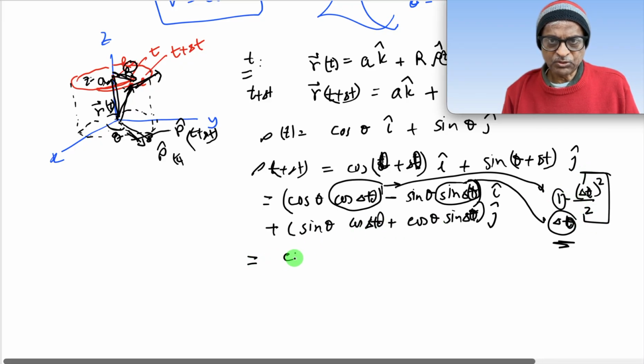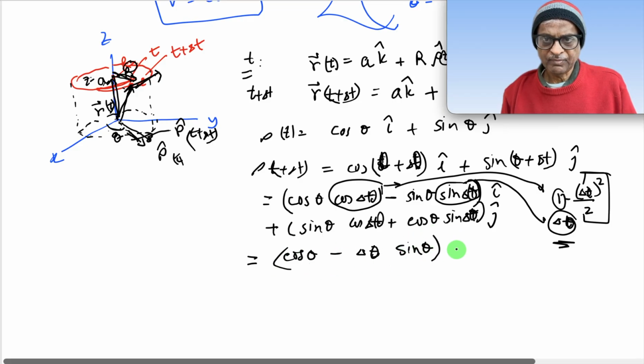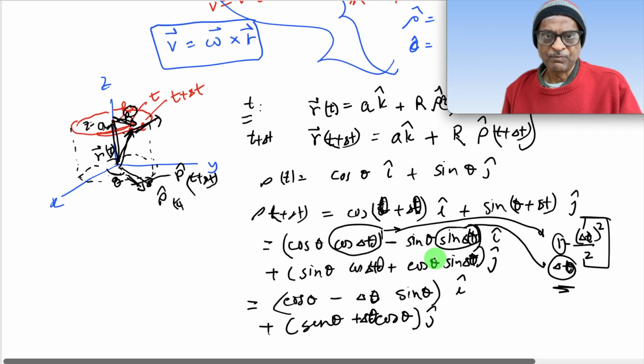So this gives cosine theta minus delta theta sine theta i hat plus sine theta plus cosine theta delta theta j hat.